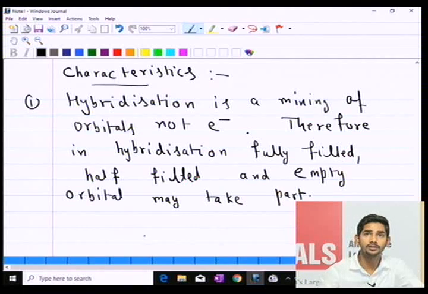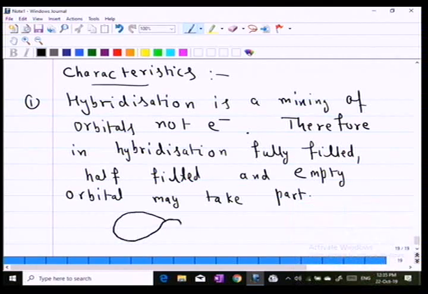And guys, this is the shape of the hybrid orbital.